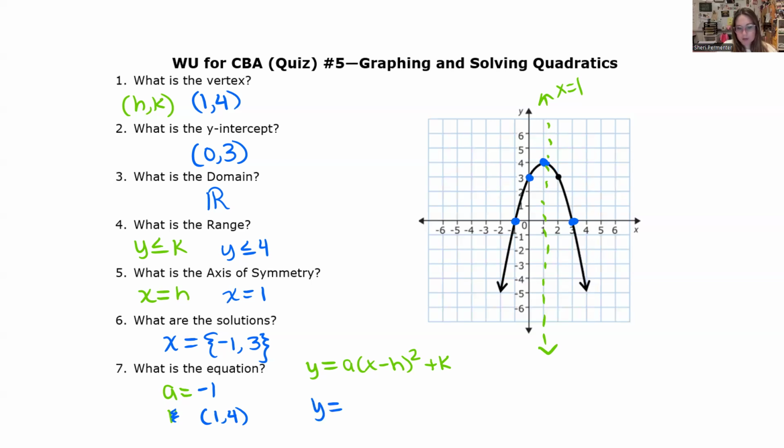Y is equal to -1 times (x, and it's opposite h because the formula is minus h, so -1) squared plus 4. Do I have to put the 1 right here? No, I do have to put a negative, but I don't have to put a 1. So that's my equation.